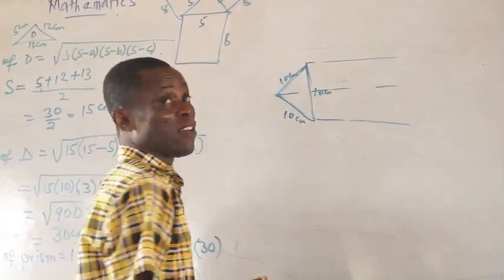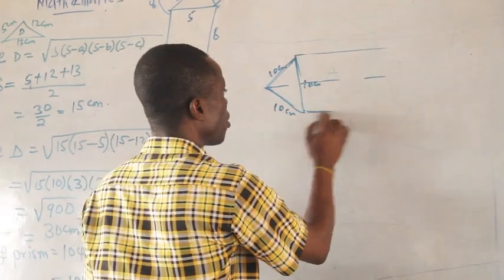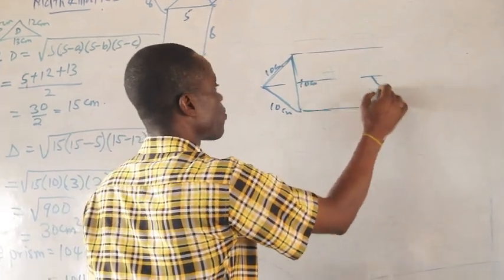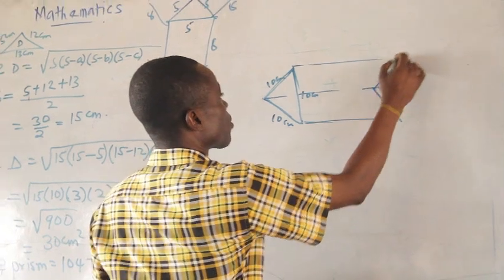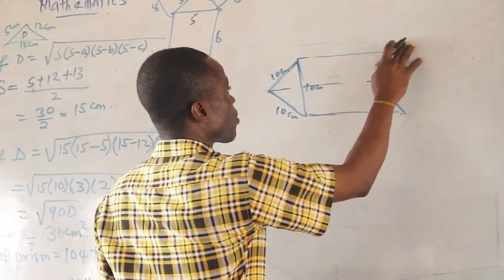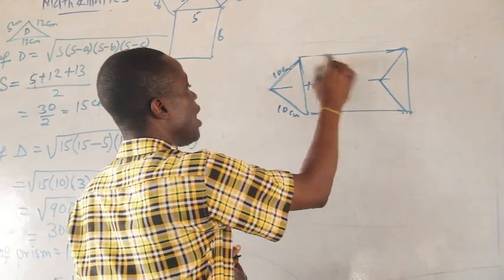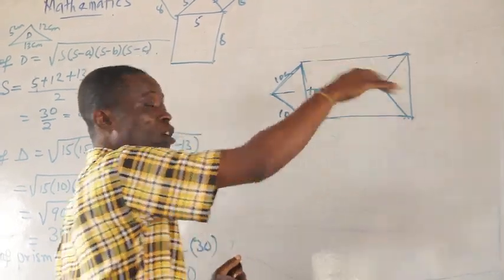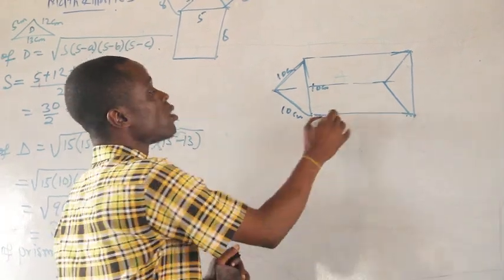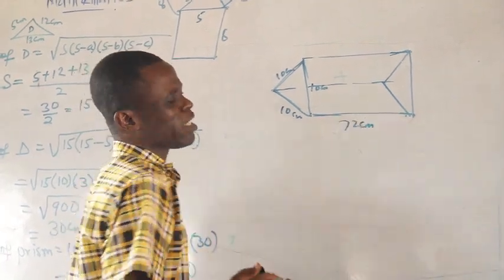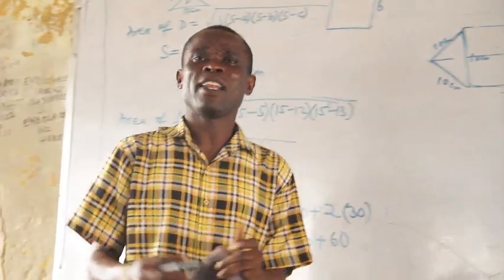You can still have the diagram like this. And what is the length of that prism? 72 centimeter.